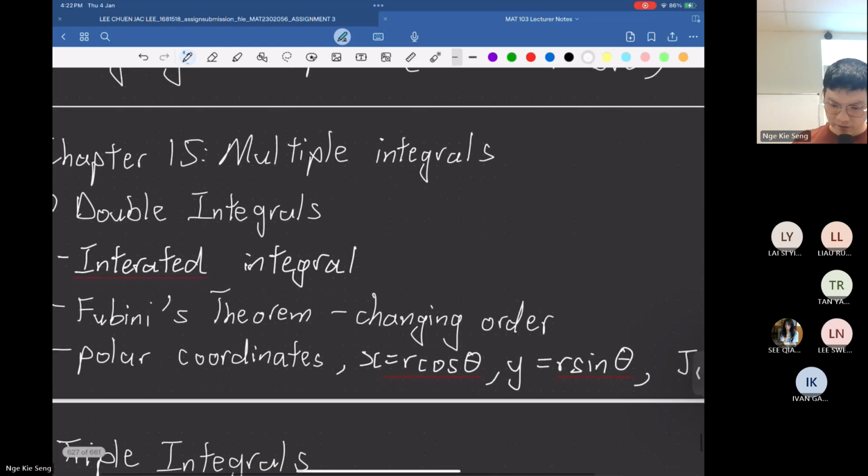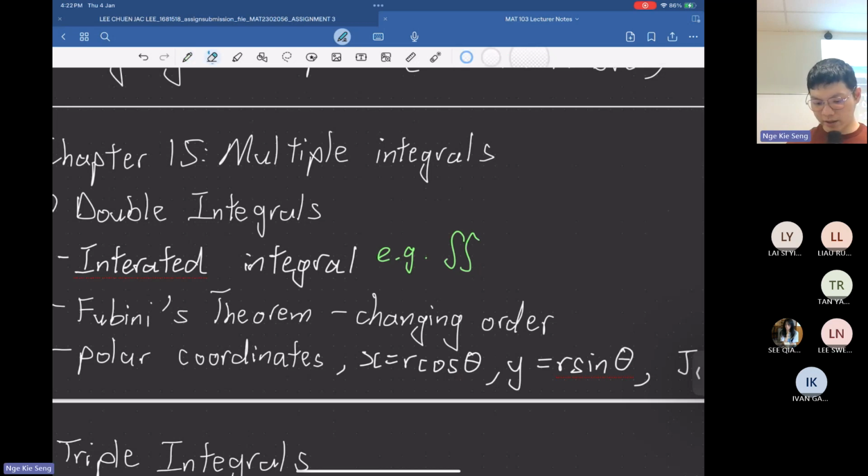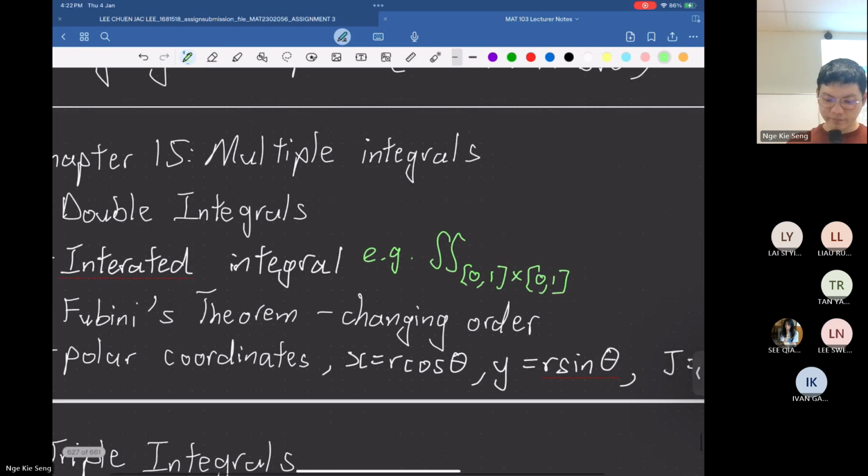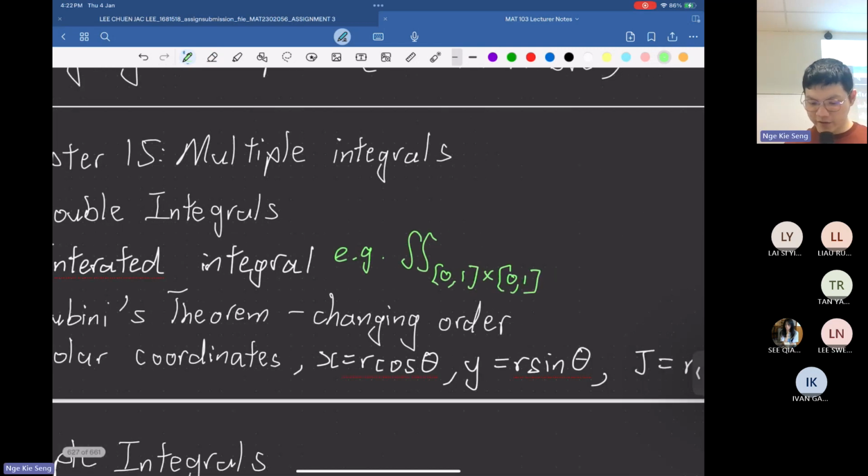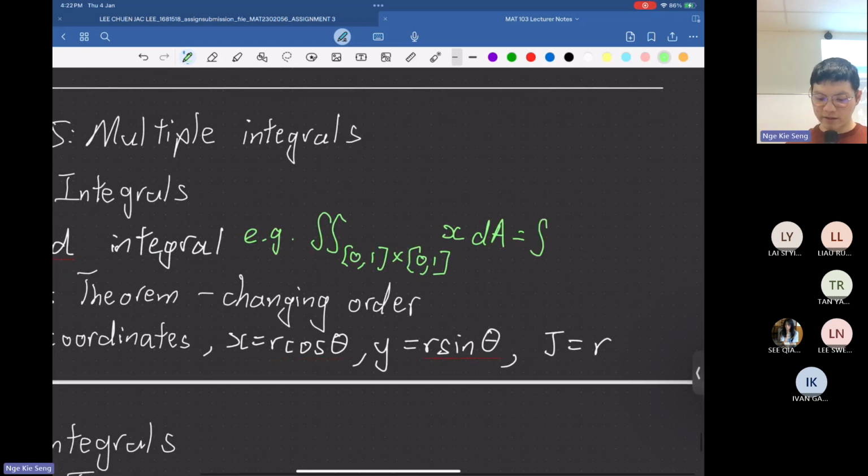So the example here is like integrating over a rectangular box of maybe a scalar field x. This is just the integral from 0 to 1, 0 to 1 of x dx dy. The area?